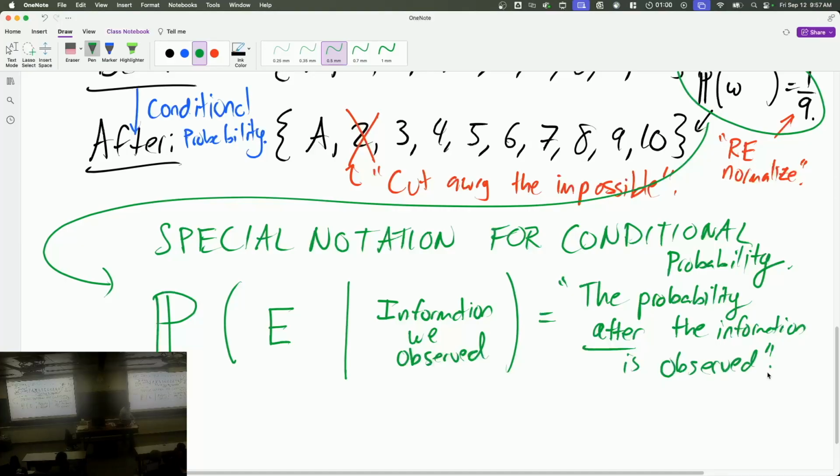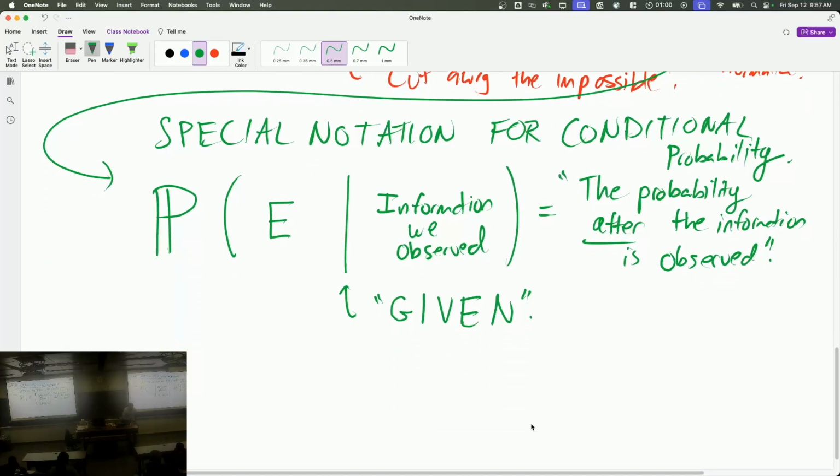Okay, so everybody can have their own information, and then you can calculate the probability of some event. You can calculate it many different ways using the information, and we use this really funny line notation. This line is read out loud as given. So we write the word given for this line, and we would read this as the probability of the event E given the information we observed, and that's some number.